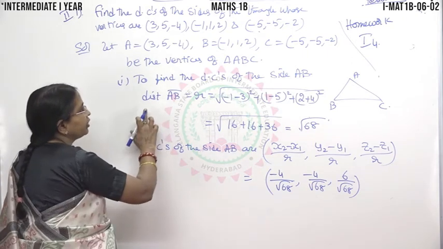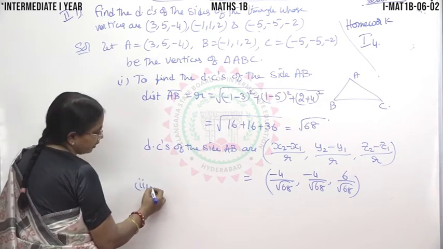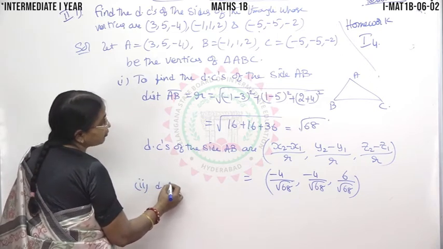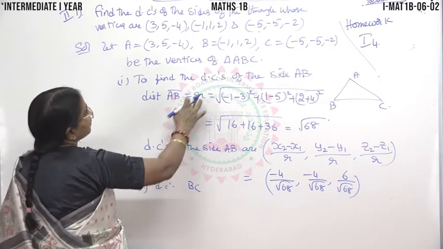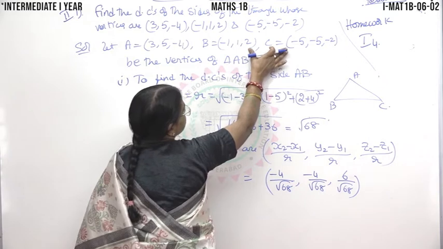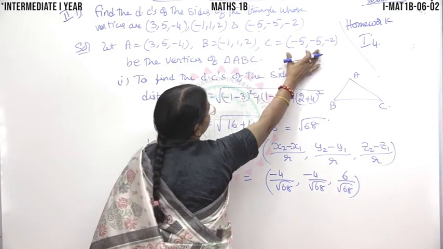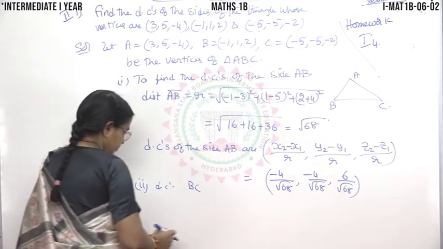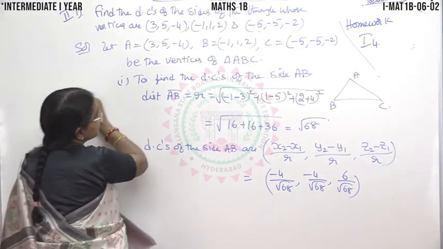Now in the same way you find the DCs of the side BC, the second part. So you do it in the same manner. That means now your points are B and C. So this becomes x1, y1, z1 and this becomes x2, y2, z2. Just to simplify, I'll just give you the answers.